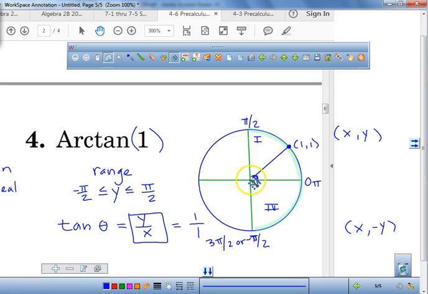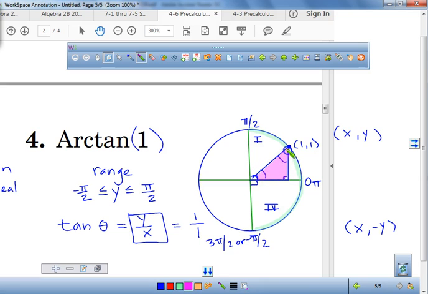It would go over 1 and up 1. So what kind of triangle is built right here? It's a 45, 45. So this triangle right in here is a 45, 45, 90.